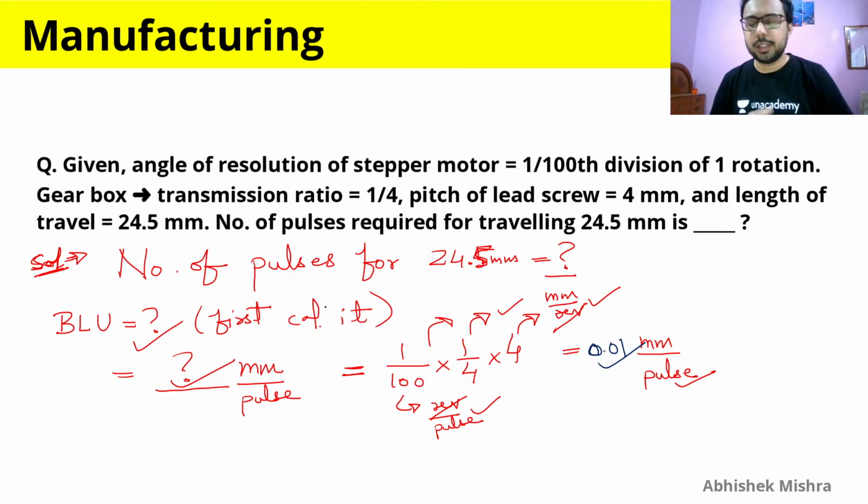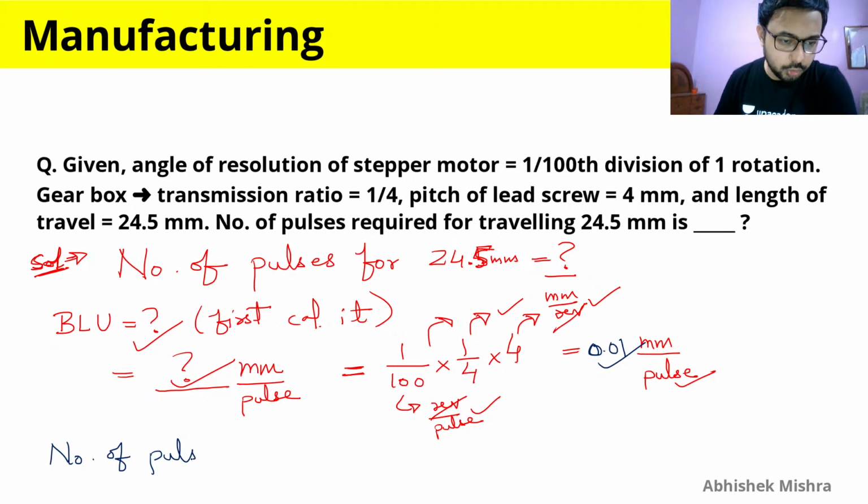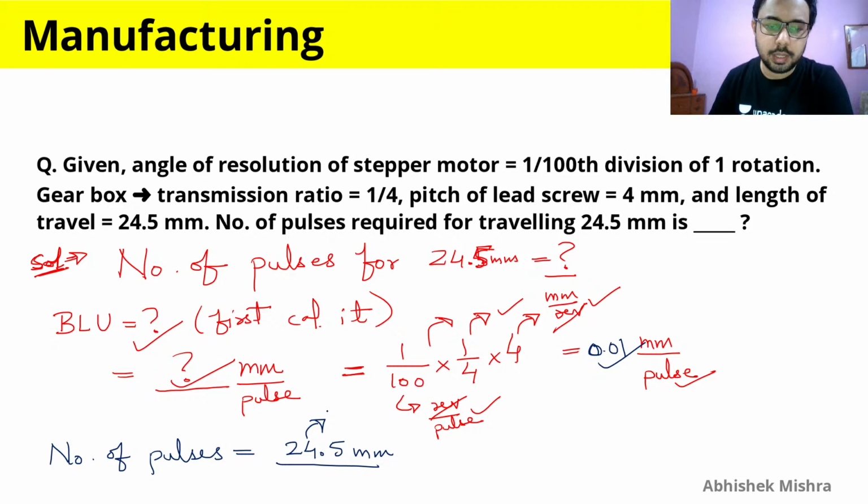Okay, and in this question we are finding basic length unit because we want to find the number of pulses, and basic length unit is the shortest unit that is being traveled. So here we have the number of pulses now. For number of pulses, by seeing the units here only, we can write number of pulses will be length of travel, that is 24.5 mm, divided by basic length unit.